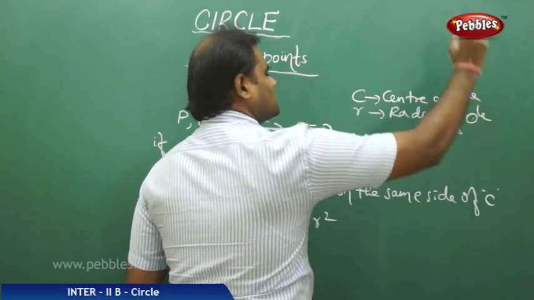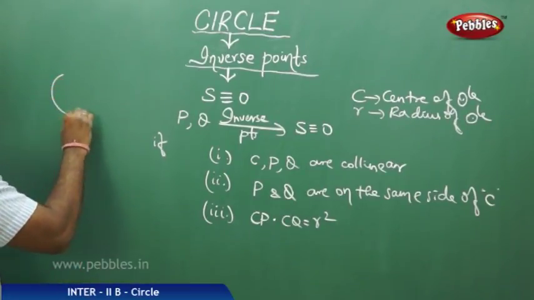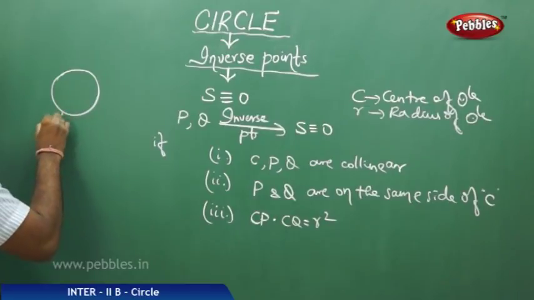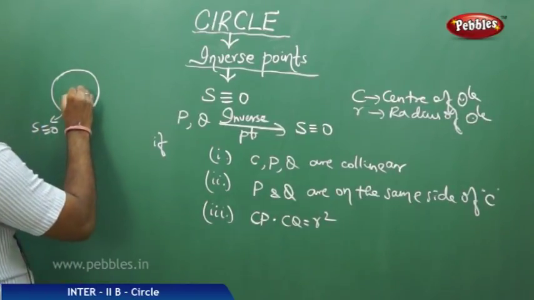of the circle. So let's take the diagram and see how we can understand the inverse points. Say for example, I have a circle S equals 0 and I have the center of circle out here.